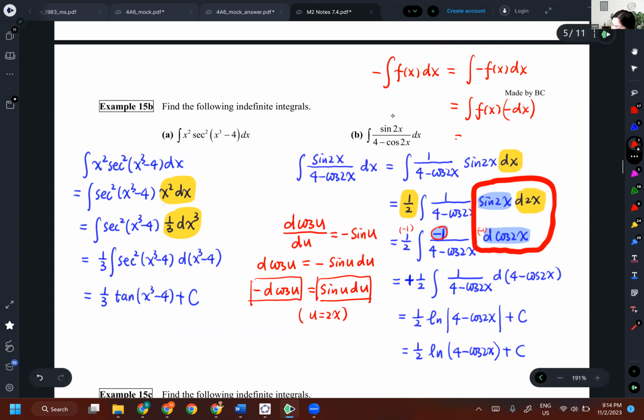You can also move it inside if you want. That's a good question, Cherry. Where you put the negative sign, inside or outside the integration sign, they're equal. Also this one is also equal.